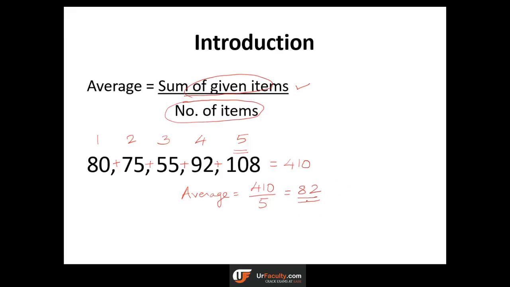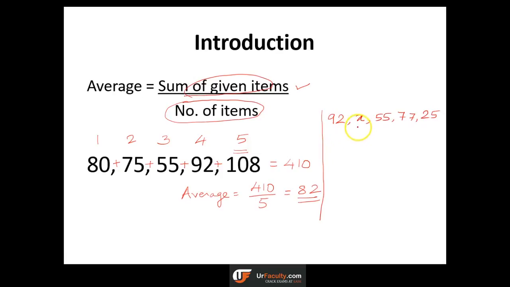Now, what are the other kinds of problems that you will come across? Let's take another example where the numbers are given as shown here: 92, x, 55, 77 and 25.